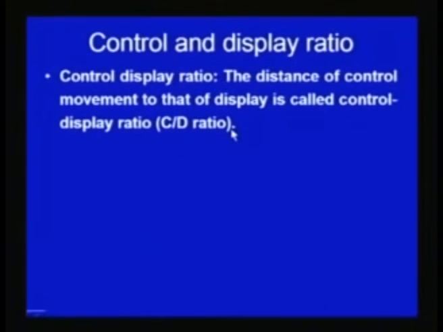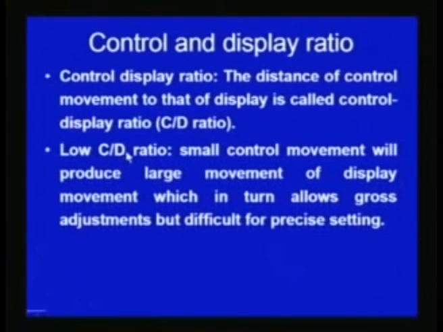The low control and display ratio results in a small control movement producing a large movement of the display, which in turn allows gross adjustment, but it becomes difficult to achieve precise setting using the control and display device which offers a low C/D ratio.